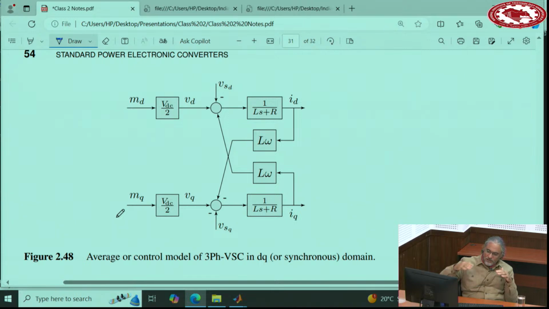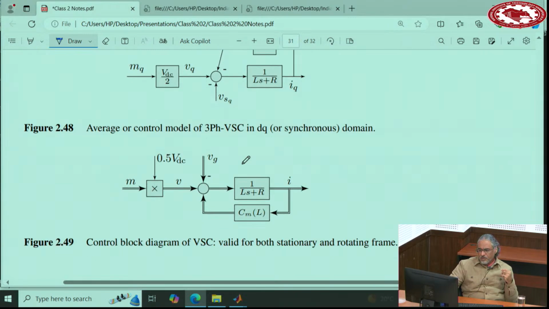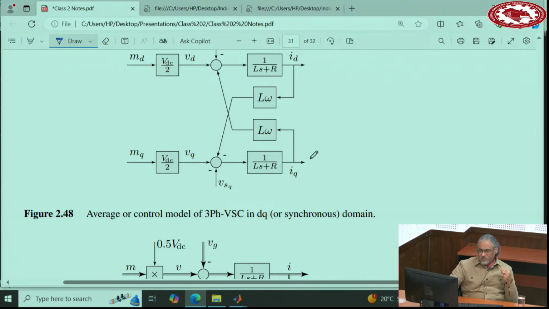So you have a coupling between this channel and the first one, and the first channel to the second. There is a coupling between them. Sometimes I use this way of showing, a simple way using two arrows rather than this one.